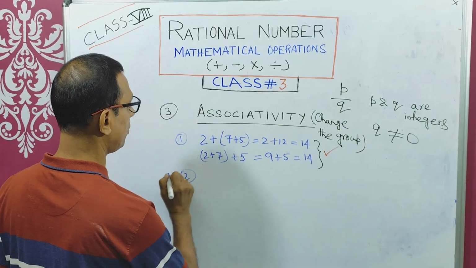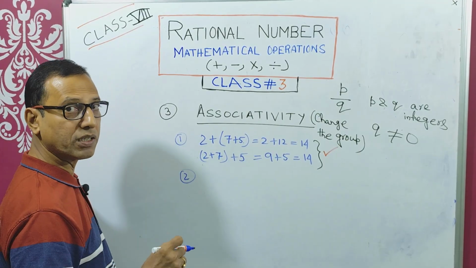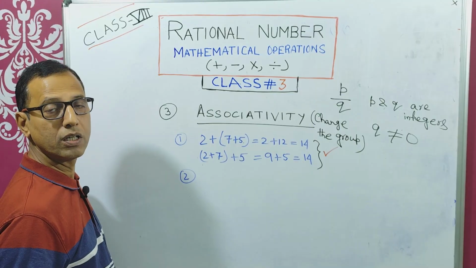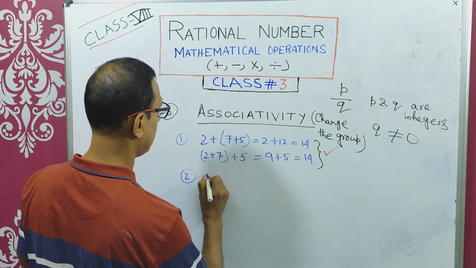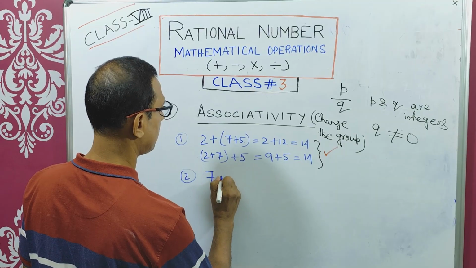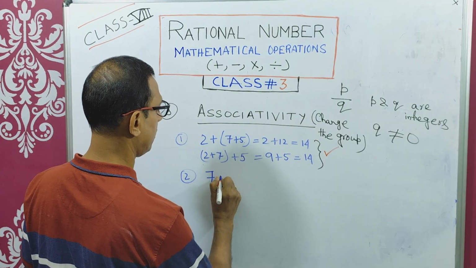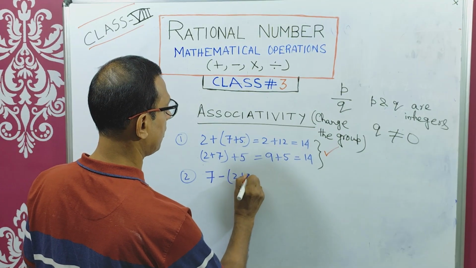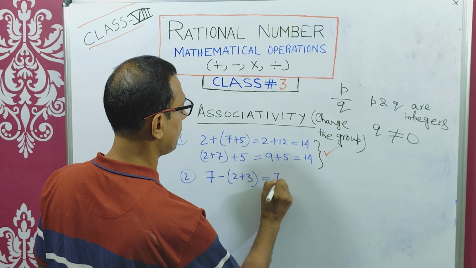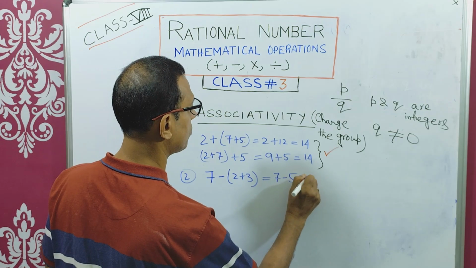What happens with subtraction? From commutativity, even for two numbers it does not support, but still I will show you. Let's say 7 minus 2 plus 3 equals 7 minus 5, that is equal to 2.